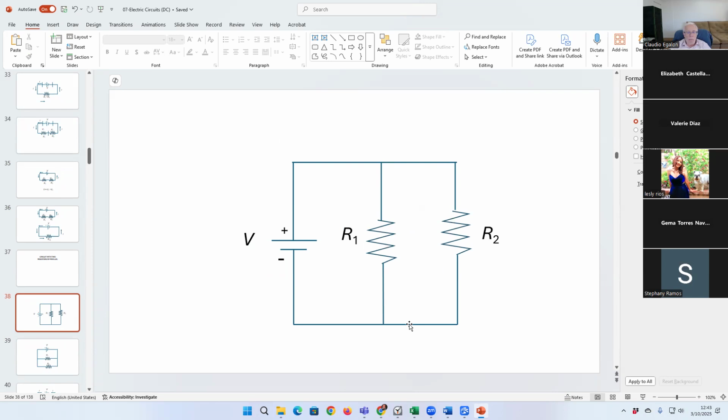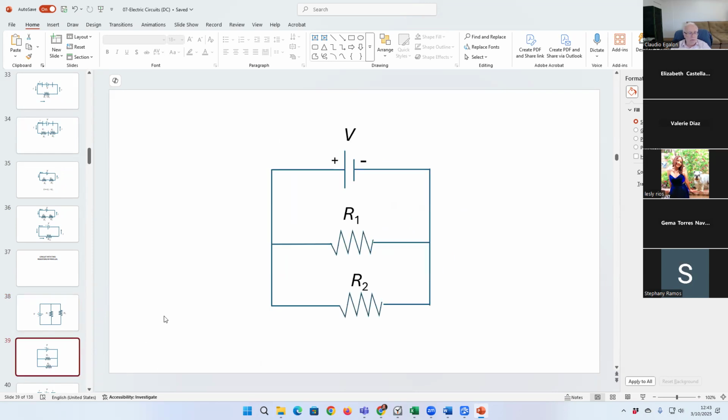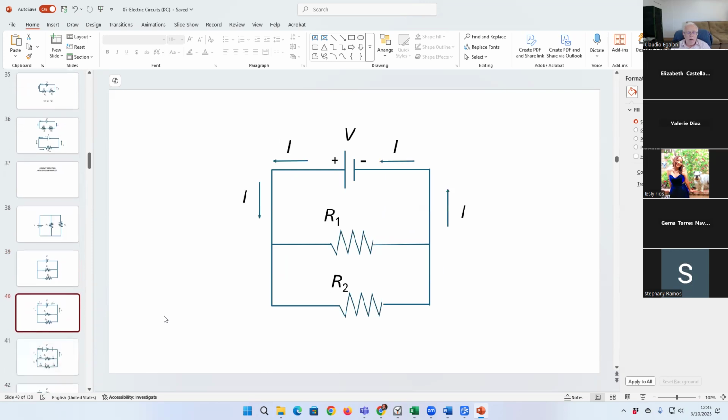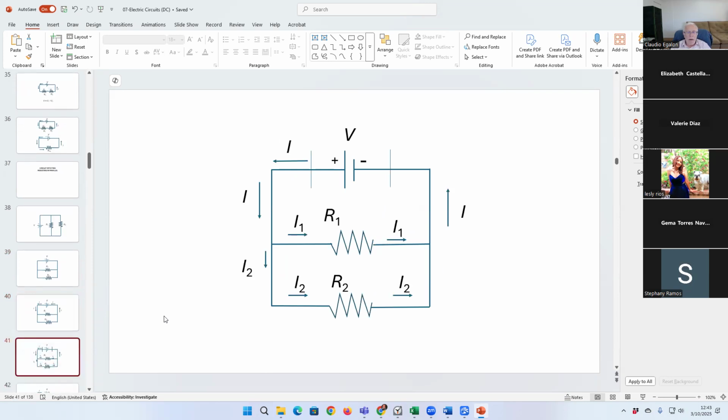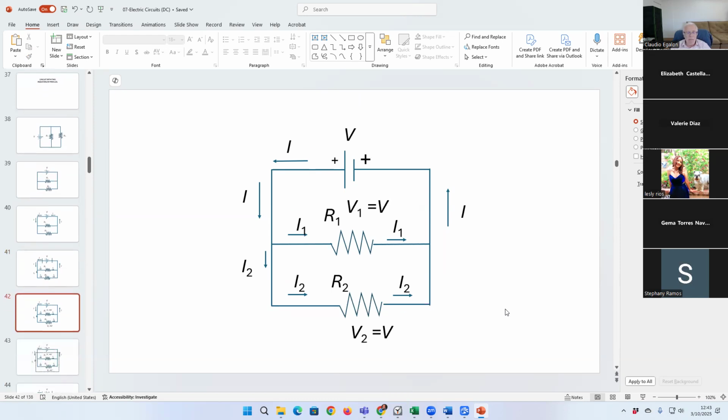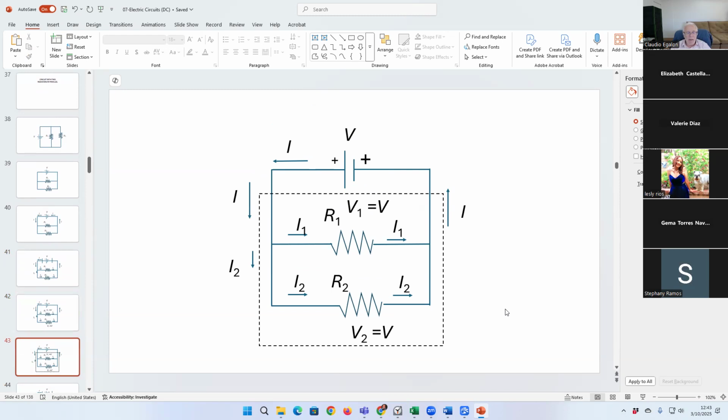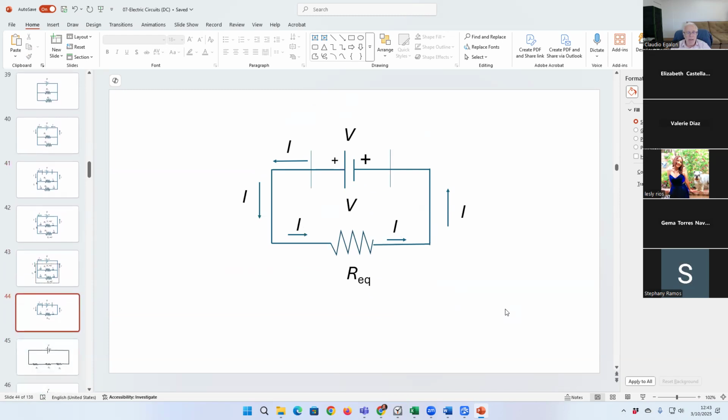That's what you have to know. And when you combine those 2 resistors in parallel, the current flowing through resistor 1 is going to be different from the current flowing through resistor 2. But the electric potential is going to be the same. That's the important thing that you have to have in mind.